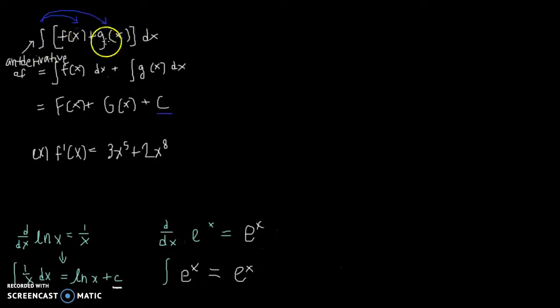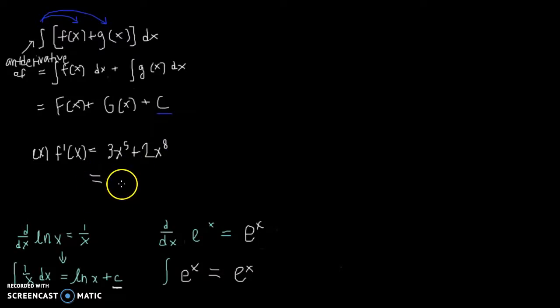So we're going to use another trick we know. The antiderivative symbol is this S-looking symbol right here. It's going to apply to these two functions, so it's going to be the antiderivative of f of x plus the antiderivative of g of x. So for this example, it's going to be the antiderivative of 3x to the fifth plus the antiderivative of 2x to the 8th.